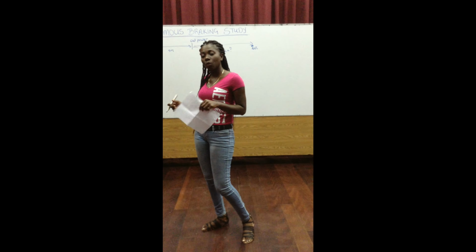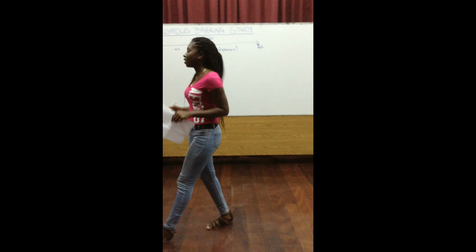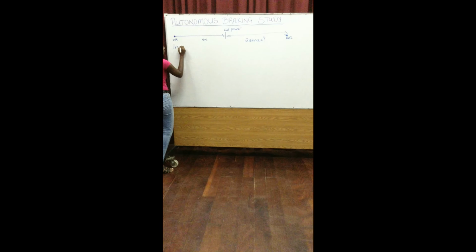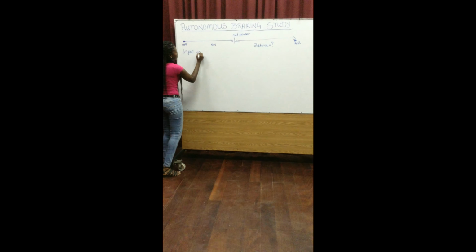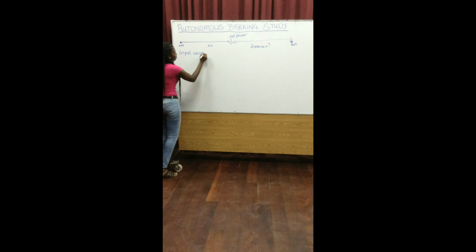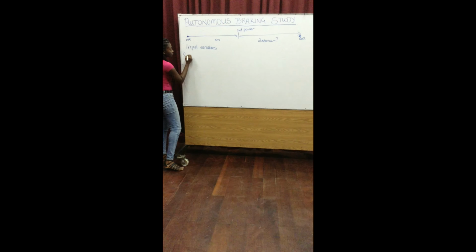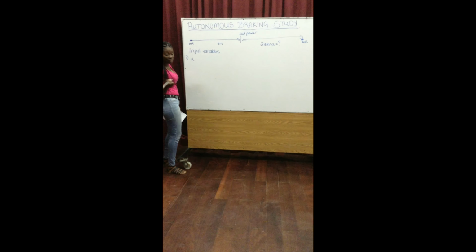Now, in order to derive our mathematical models, which will describe the speeding and stopping distance of our vehicle, we will need to know our input variables. One of our input variables will be u, which is the initial velocity.